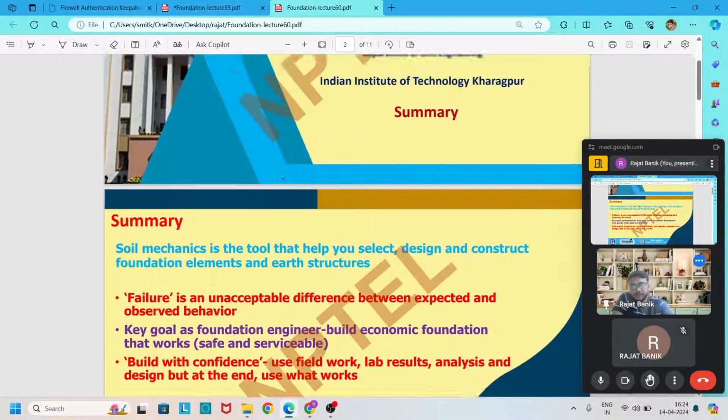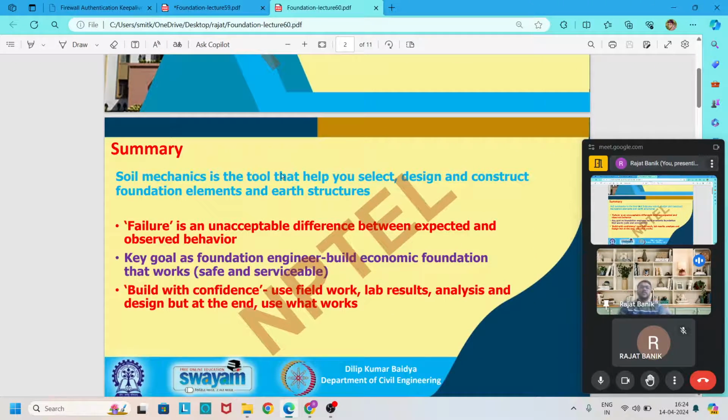In the first slide, it is said that soil mechanics is the tool that helps you select, design, and construct foundation elements and earth structures. It is true. Based on soil mechanics, in this foundation course, we studied advanced soil mechanics, while in basic soil mechanics we studied void ratio, permeability, and shear strength parameters.